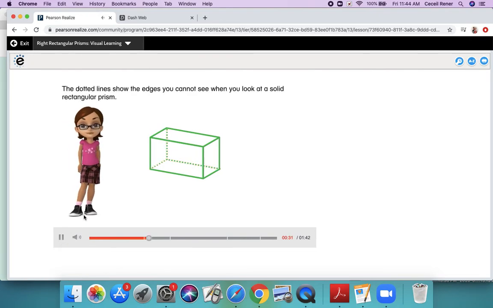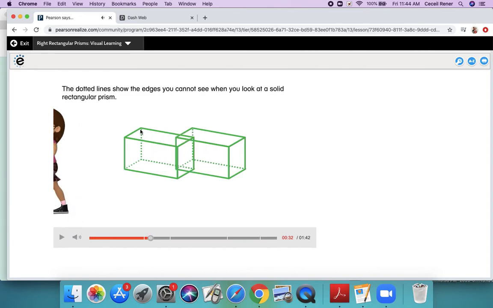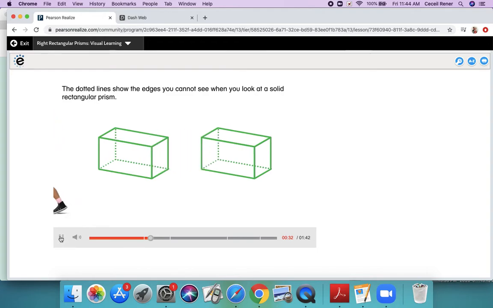So why do you think they're helpful? Because then they show us the edges that we cannot see when we look at a solid rectangular prism. So they're helping us see what we cannot see because the shape is solid.